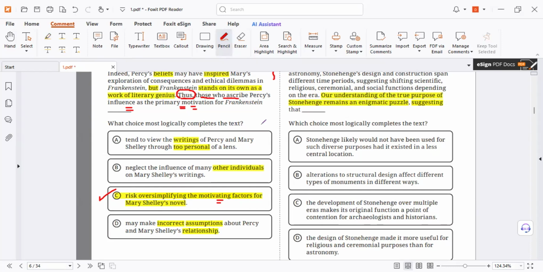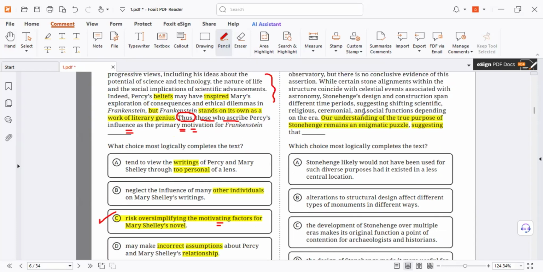Always stick to the last sentence. Look, our understanding of the true purpose remains an enigmatic puzzle. Enigmatic puzzle is something uncertain, contentious. And letter A?